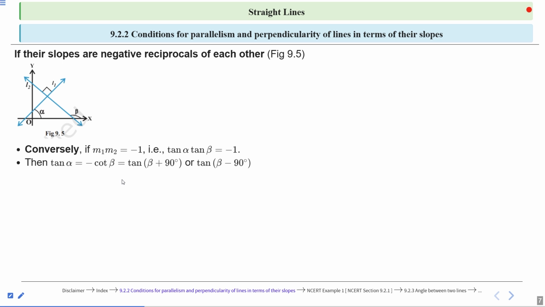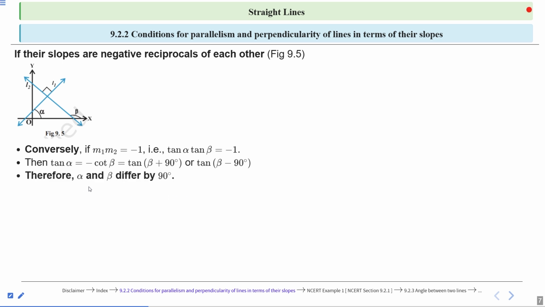Since we know tan of beta plus 90 degrees is minus cot beta, minus cot beta can be written as tan of beta plus 90 degrees, or tan of beta minus 90 degrees.